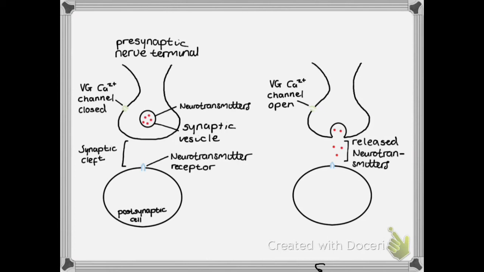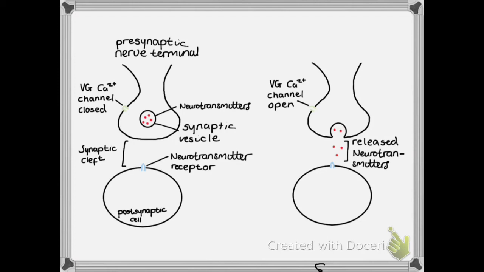And then in the membrane, there's some calcium voltage gated ion channels, but without an impulse, these are closed. But as soon as a nerve impulse arrives from the axon, these voltage gated calcium ion channels open, allowing calcium ions to move in. This then causes the synaptic vesicle to fuse with the membrane and release the neurotransmitters.